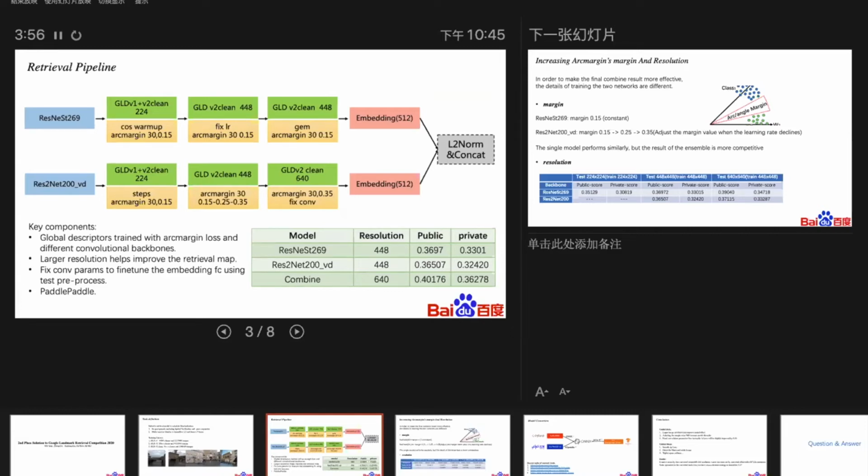ResNet 200D with 448 resolution is 0.36507 in public and 0.32420 in private. The combination of the two models' results is 0.40176 in public and 0.36278 in private.